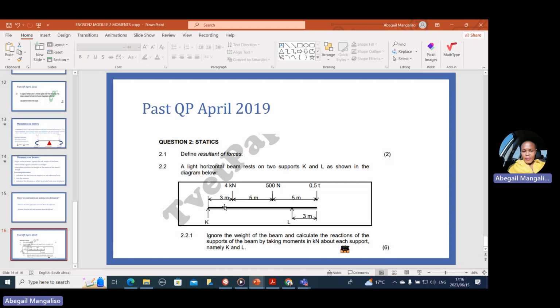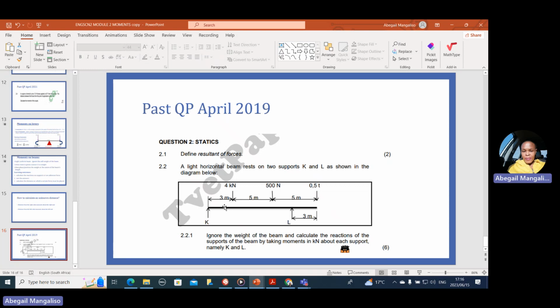There is this downward load here of 500, which when converted to kilonewtons is 0.5 kilonewtons. And there is a support here, which is L, and the distance from the right end of the beam is 3 meters. This distance here is given as 5 meters. This is how it is.